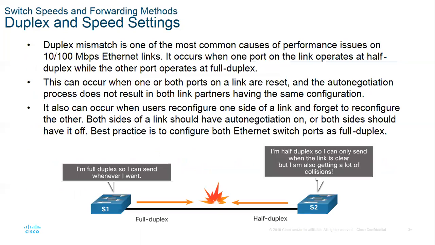In practice, how can a switch tell the other switch if they are both running full duplex mode or half duplex mode?